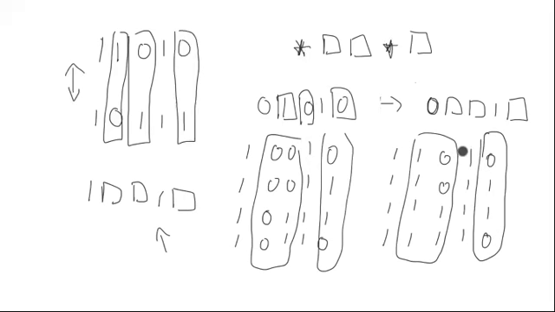And you realize that's what intersection does. Intersection ignores anything that's not the same in both sets.